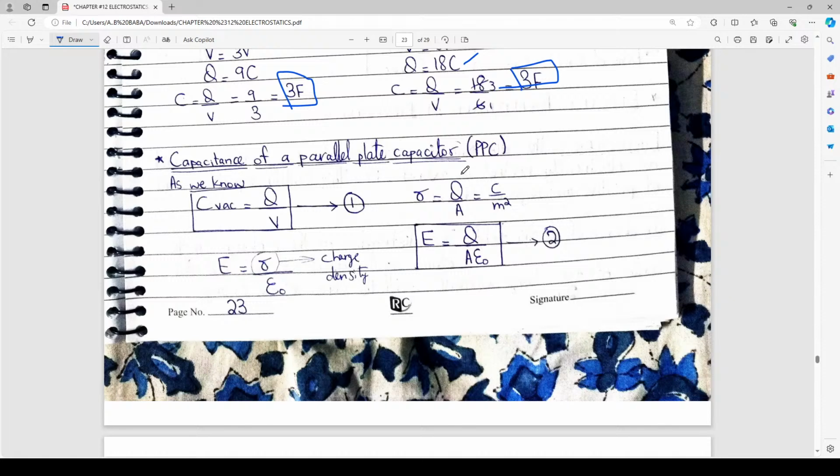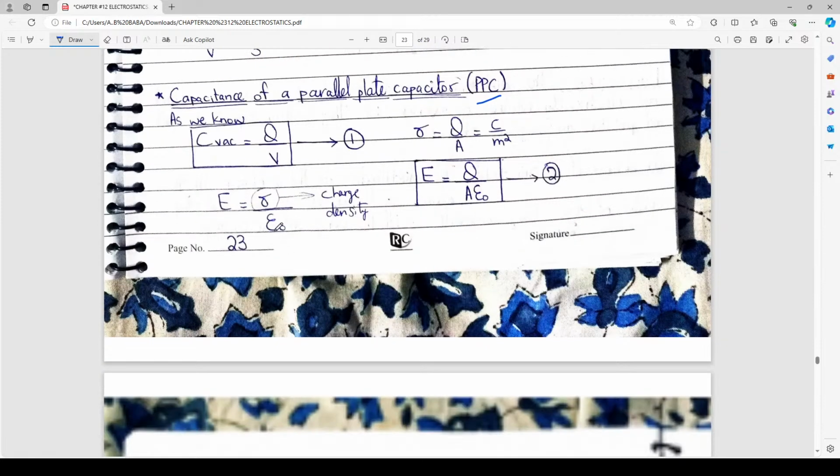Capacitance of a parallel plate capacitor, PPC. As we know, C vacuum, capacitance in the vacuum, is equal to Q upon V. So sigma is equal to Q upon A, which is coulomb per meter square. E is equal to sigma upon epsilon naught, which is the charge density, so E becomes Q upon A epsilon naught, which is equation number 2, and this is equation number 1.